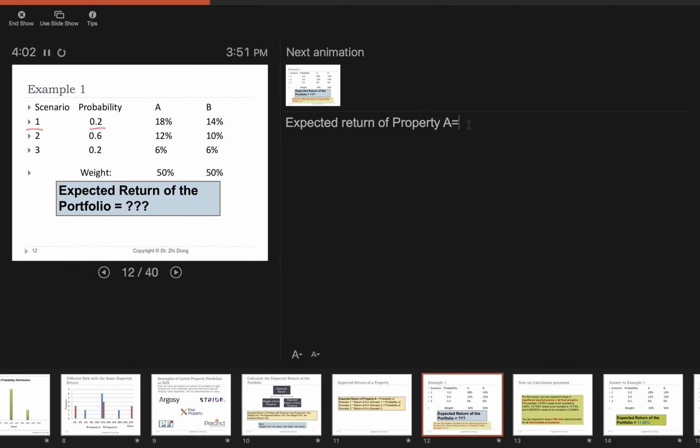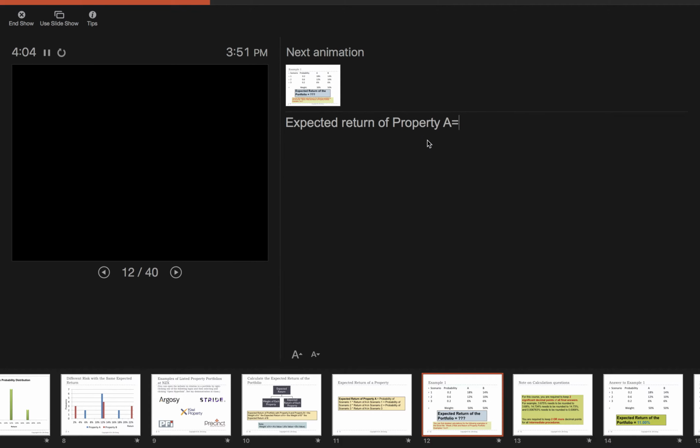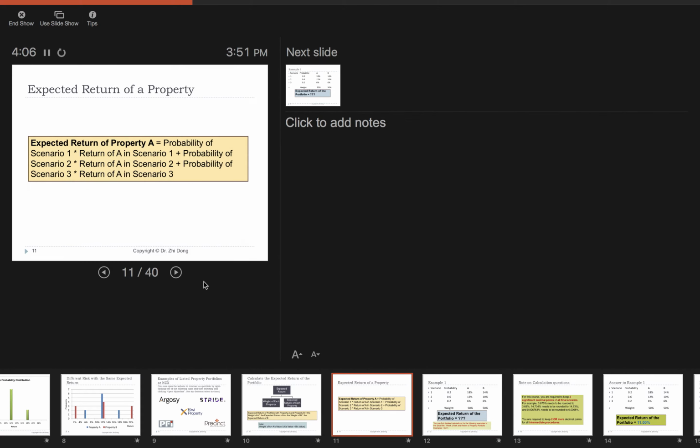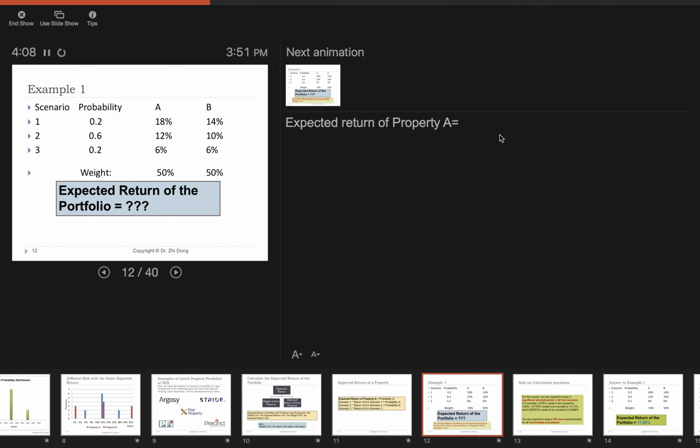So we have 0.2 times, property A under market scenario 1, the possible return is 18% in this example. So we times 18%.